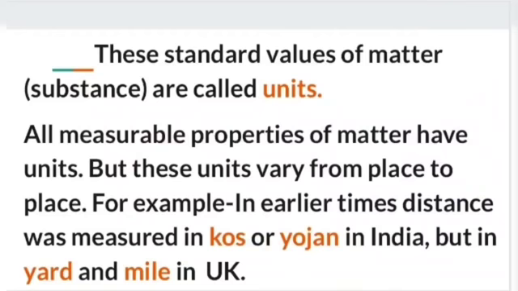All measurable properties of matter have units, but these units vary from place to place. For example, in earlier times, distance was measured in kos or yojan in India, but distance was measured in yard and mile in UK. Similarly, length was measured in gaz.